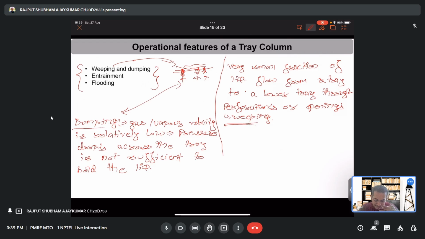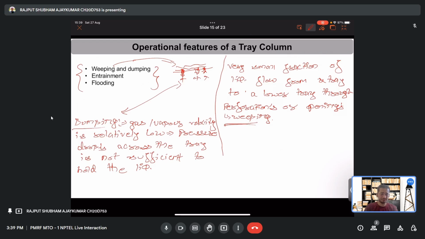Entrainment means entering. If you consider the gas flowing from the bottom to the top and the liquid coming from the top to the bottom, you need countercurrent operation to get the enriched product. But if the gas flow is very high, it will entrain some of the liquid droplets and carry them forward to the condenser in the distillation or tray column.